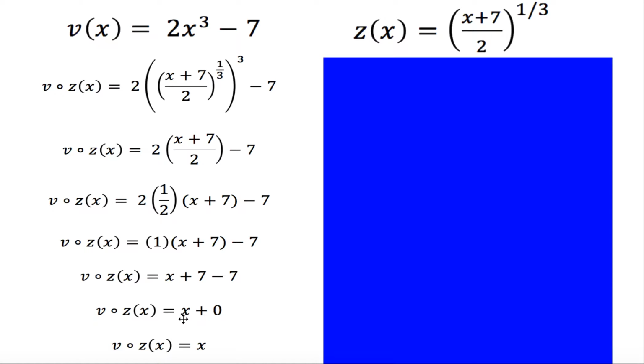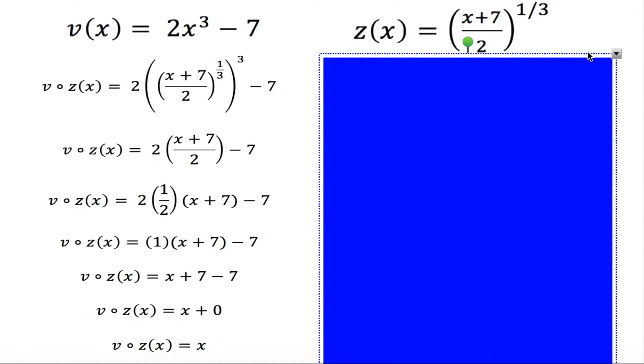I know that if I add a number plus the identity, it's not going to change our outcome, and so we know that x plus 0 is equivalent to just x. So now we can say that v of z of x is equal to x, which is great because that could mean that this is the inverse, as long as the same thing is going to work over here.